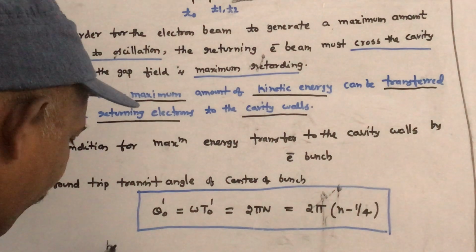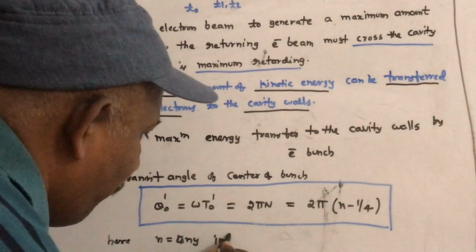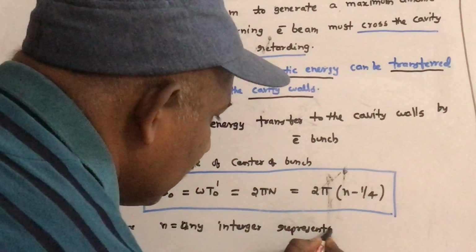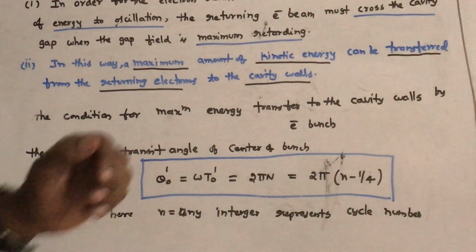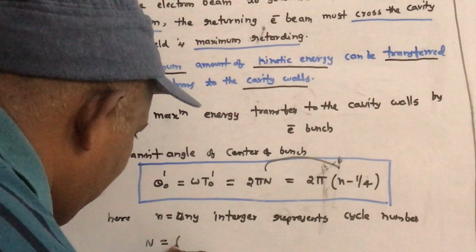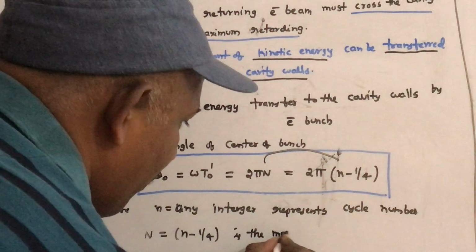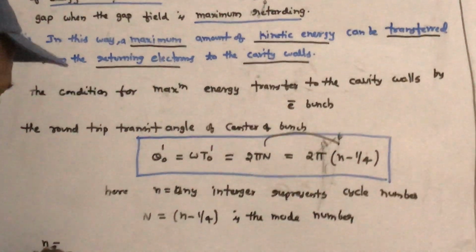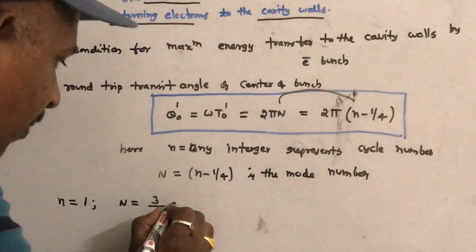Here n is any integer and represents the cycle number, that is 1, 2, 3, 4 and so on. Capital N is equal to n minus 1 by 4, which is the mode number. Remember this is the mode number. For example, if n is equal to 1, then N is equal to 1 minus 1 by 4, so N is equal to the 3 by 4 mode.